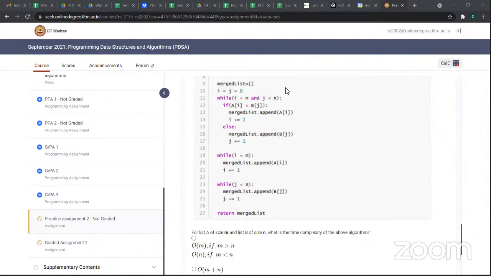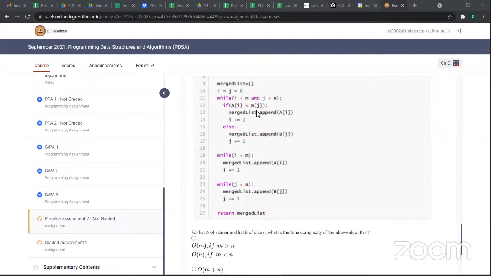So this small portion plus m plus n is the running time for this code. But this portion is very small compared to m and n, and it is in terms of m or n, and definitely less than m plus n. So for the first while loop, we can say it is the minimum of m and n.